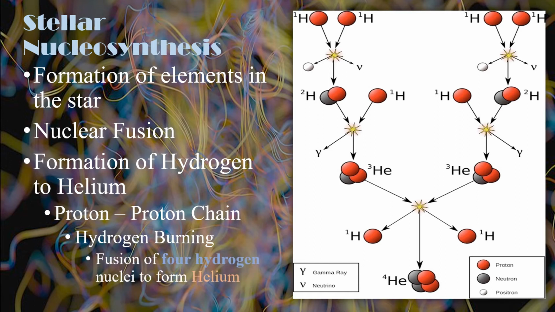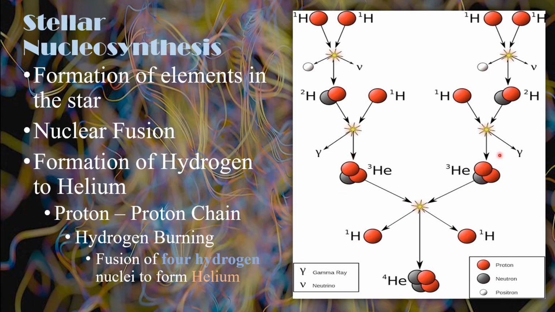As I said a while ago, the fusion of 4 hydrogen is needed to form a nuclei of helium. As you can see in this illustration, there are 2 hydrogen on both sides, and after the fusion, energy is released and forms another variety of hydrogen that releases gamma ray to produce another variety of helium.